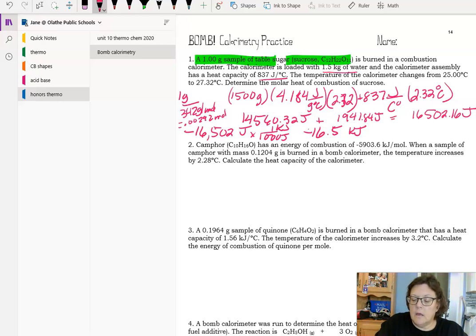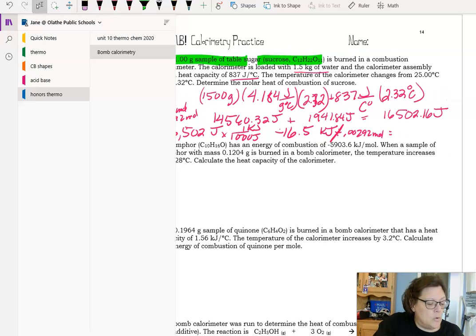Okay? We have kilojoules. To get kilojoules per mole, we just have to divide that by 0.00292 moles, and the number of kilojoules that 1 mole will give off is 5,643 kilojoules. And that's negative again because the reaction is exothermic. Okay?